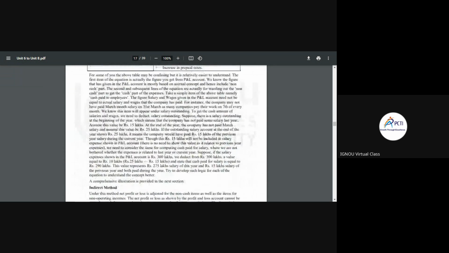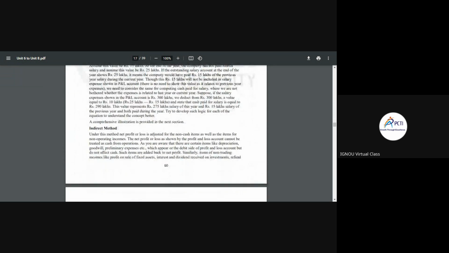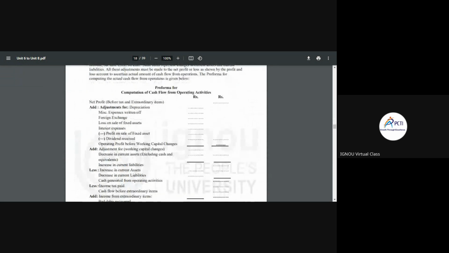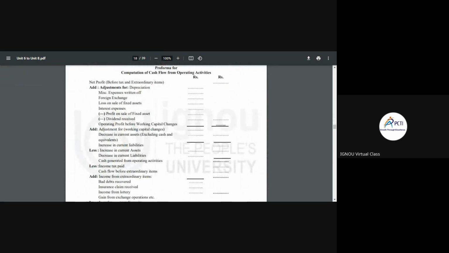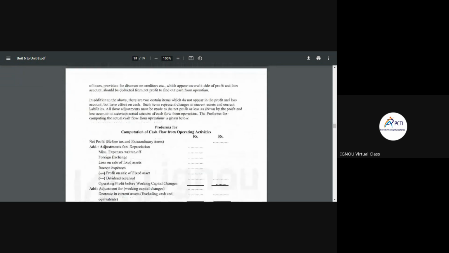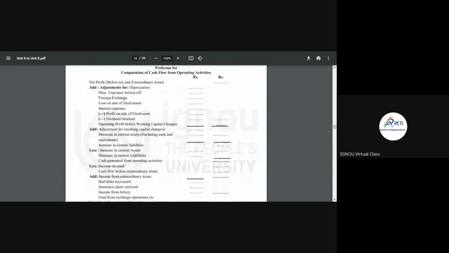So like this, we will make the total cash flow statement and this is the proforma of your indirect method. Please just check this once, check this proforma once.